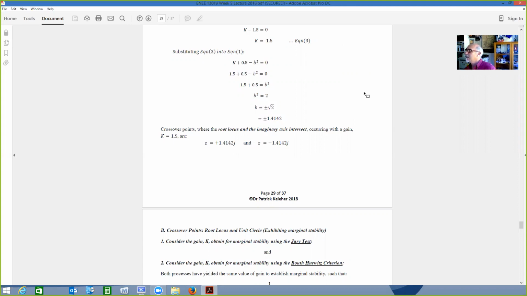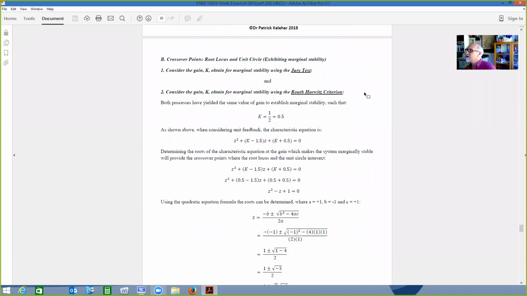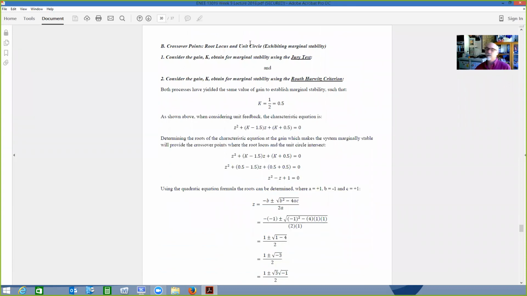All right. So as we go through, the second thing to consider is the crossover points, which is the root locus and the unit circle. So consider the gain we obtained from either the Jury test or the Routh-Hurwitz, as I said beforehand, and that we figured out the gain was equal to 0.5. So you consider your unit feedback.